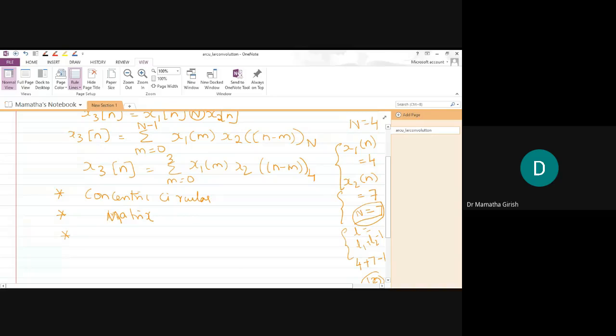The third one is computation of circular convolution using the DFT and IDFT method. So in the exam, both theory as well as practicals, whenever they ask you to perform circular convolution, you can use any one of these 3 methods, provided the examiner has not insisted on which method has to be used. So we'll solve the same problem in all 3 methods, or we'll pick different problems for these 3 methods.